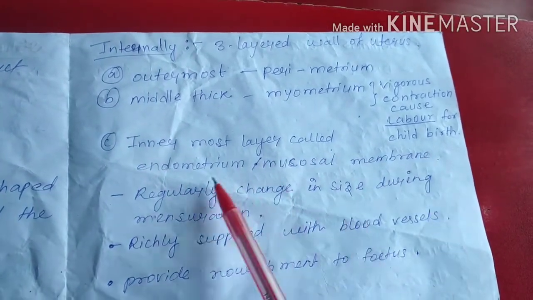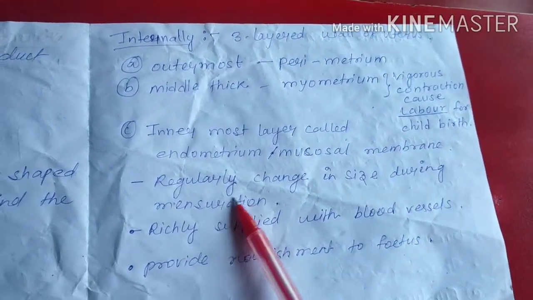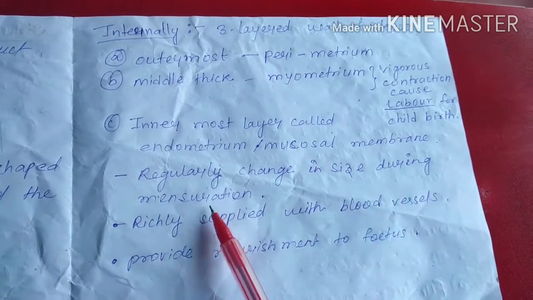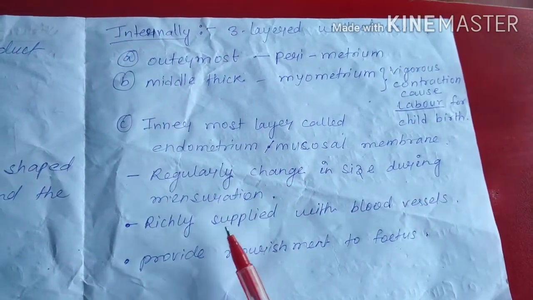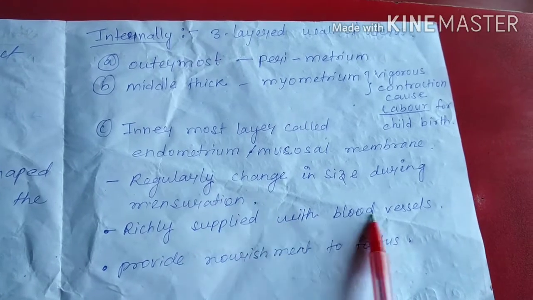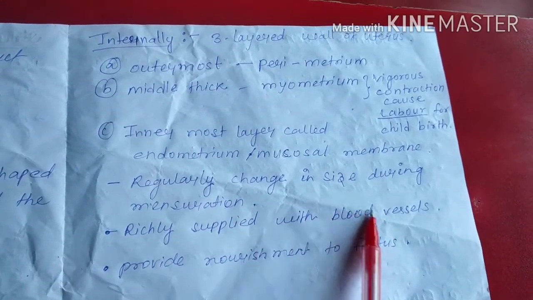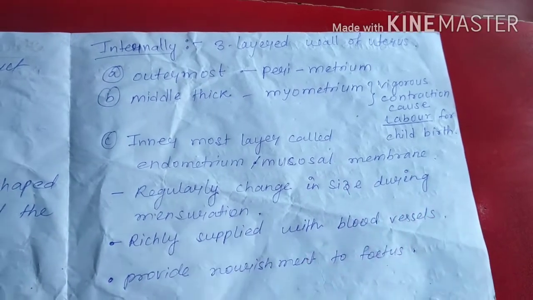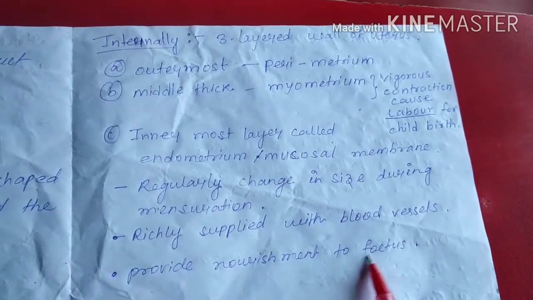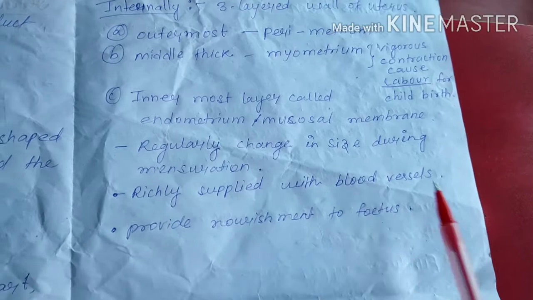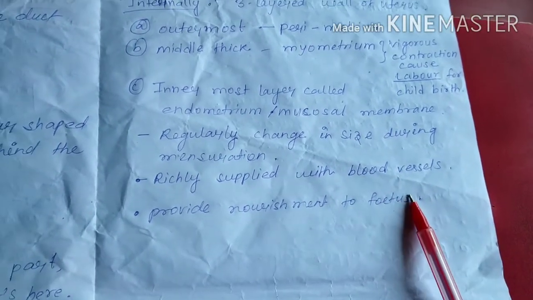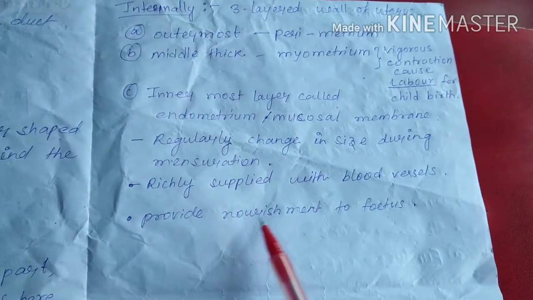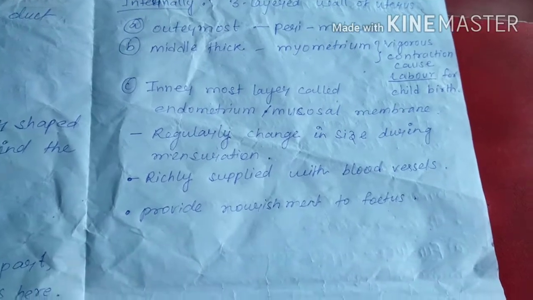There are some points about this mucosal membrane: it regularly changes in size during menstruation, and it is richly supplied with blood vessels, and it provides nourishment to the fetus. When there is implantation, it nourishes the fetus.